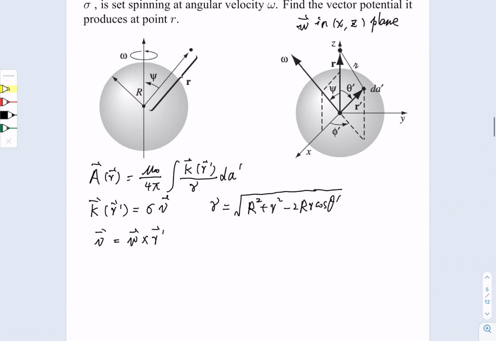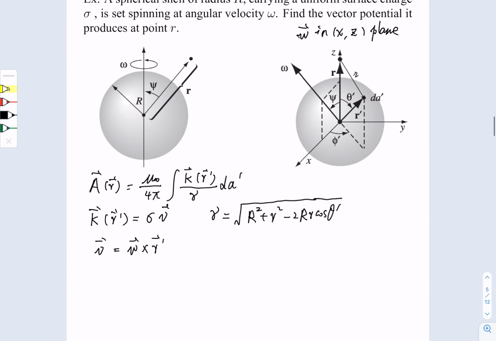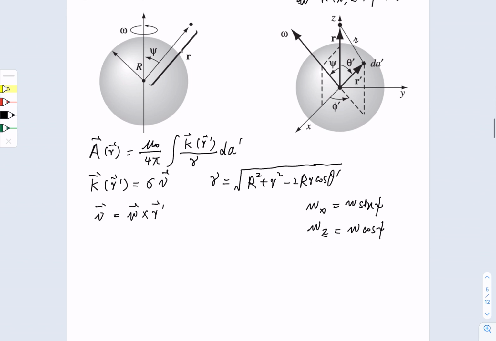So this omega has an x component, and also has a z component. Now we can write down this cross product explicitly.